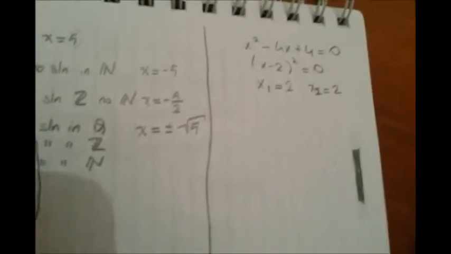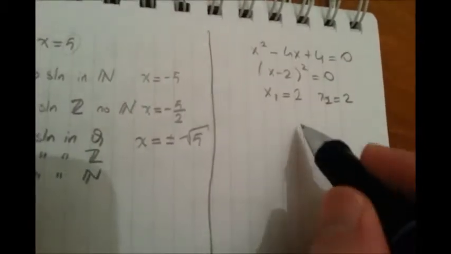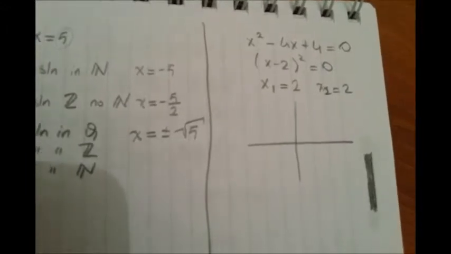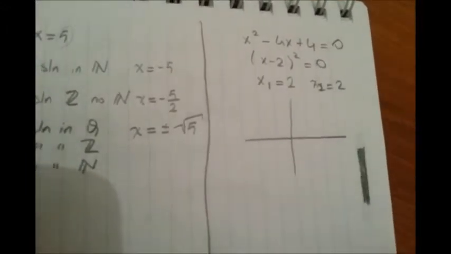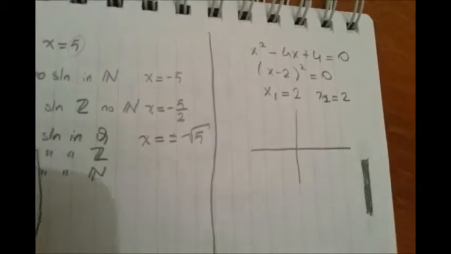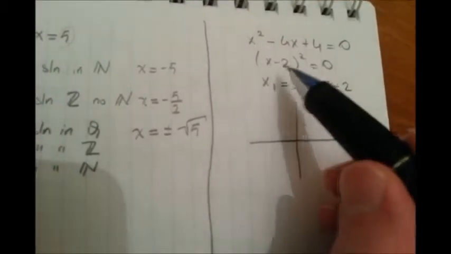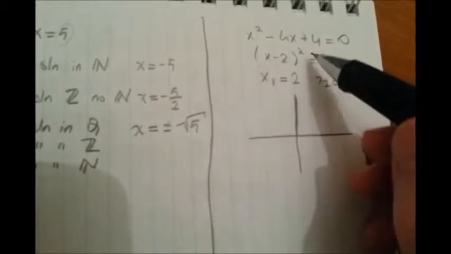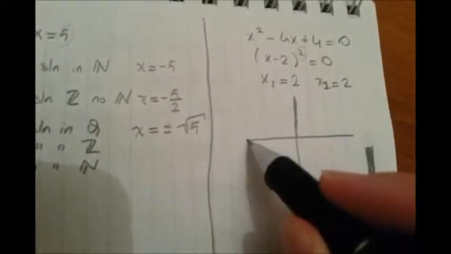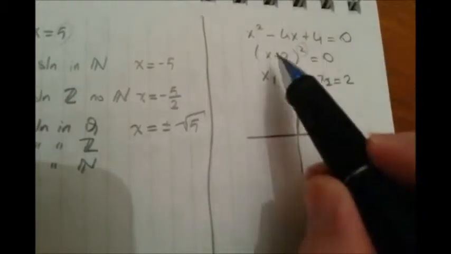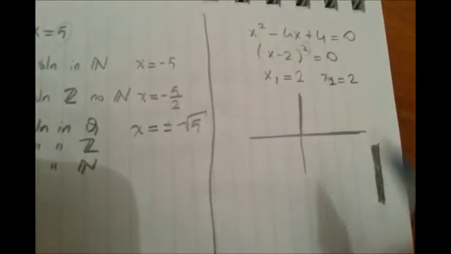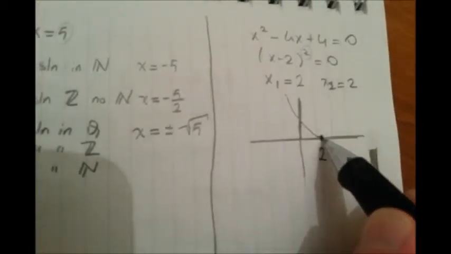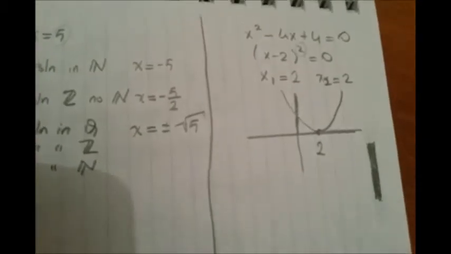So it has two roots, two equal roots. And if we try to draw its graph, we find it like this. The y value can never be negative because it is a square. And if we put 2 in x, then we get 0, like this. So this is the graph of this equation.